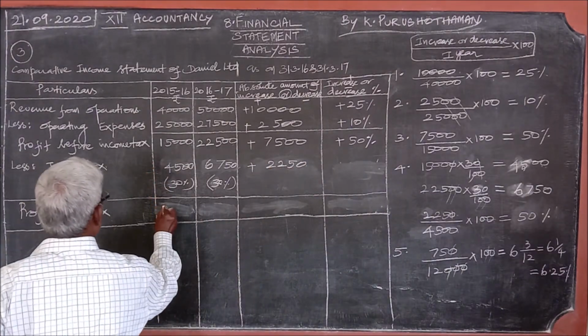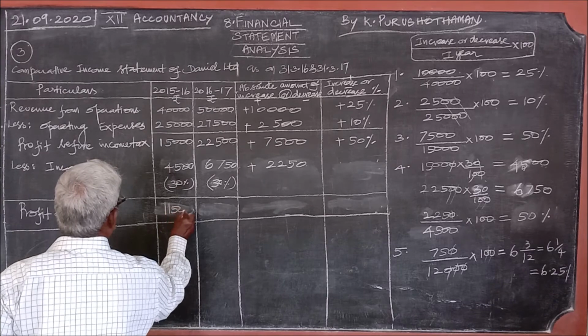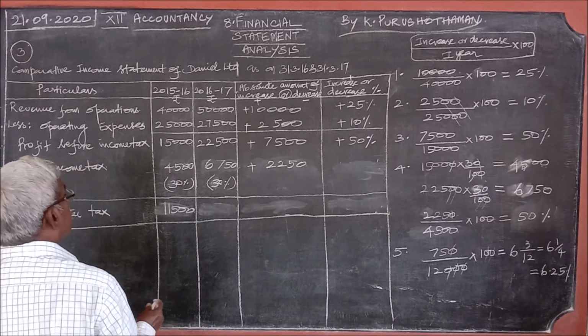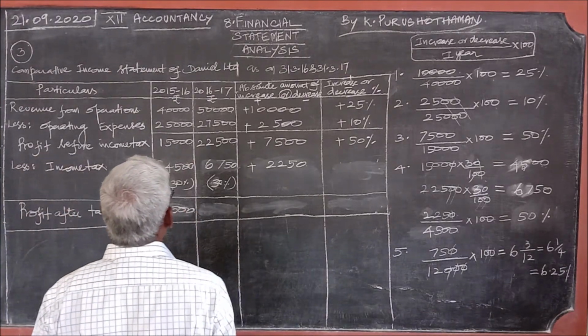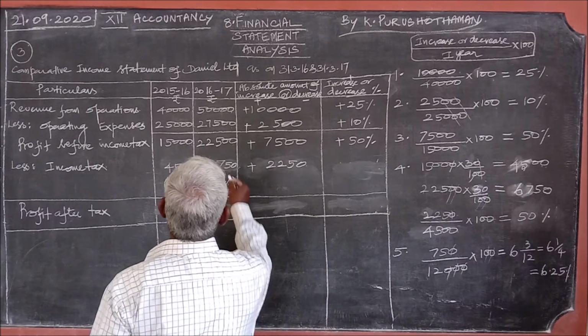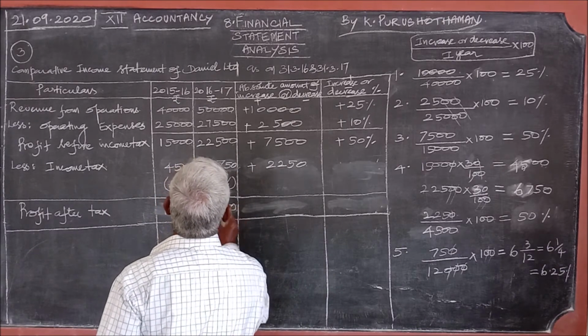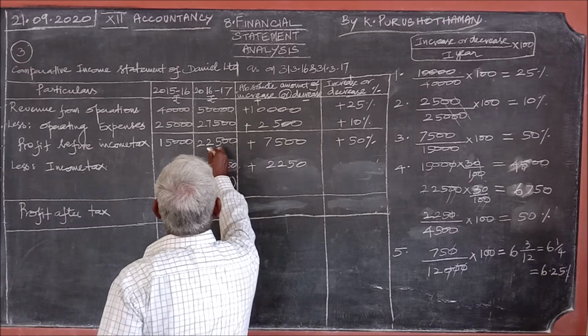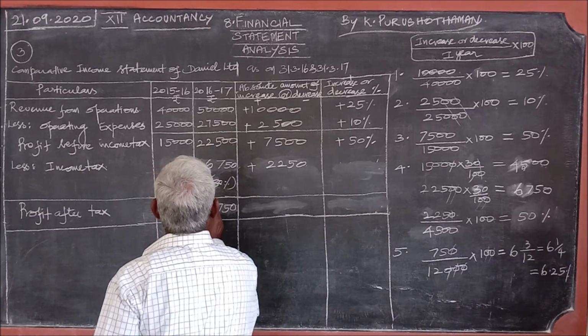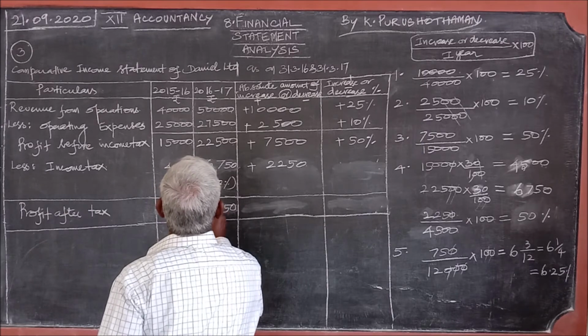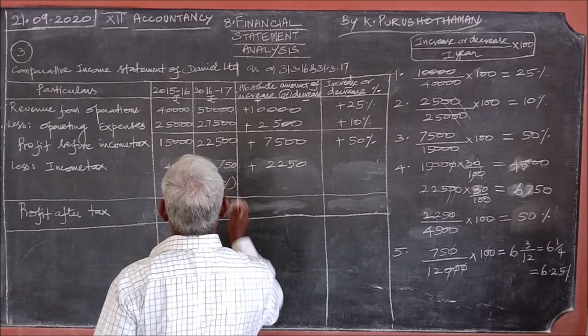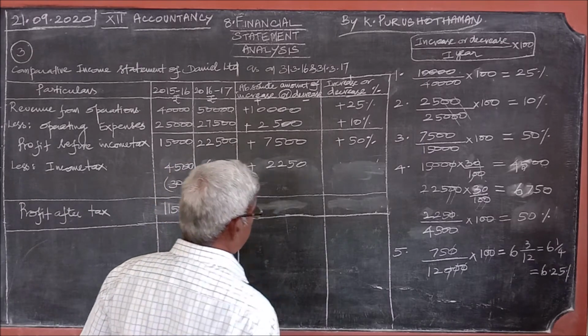15,000 minus 4,500, 11,500. Here 22,500 minus 6,750, 750, 21 minus 650. Right, 15,750.